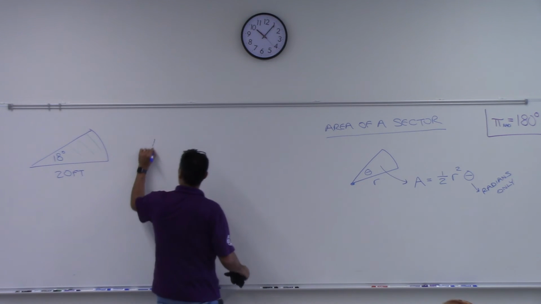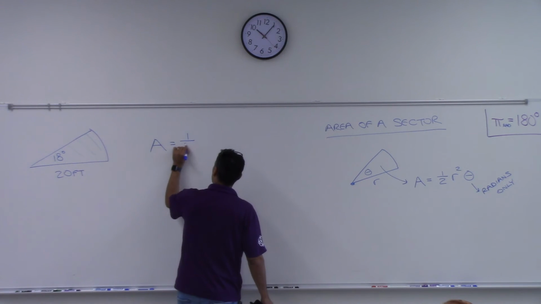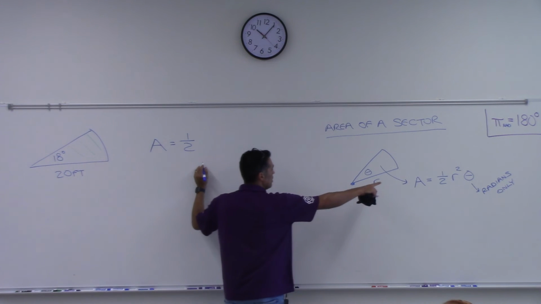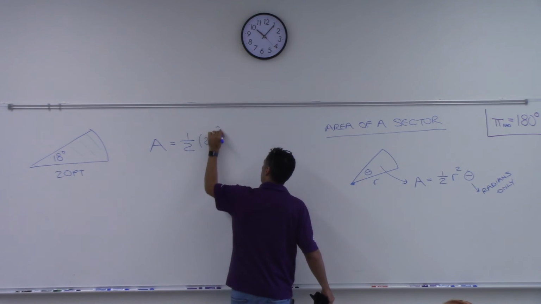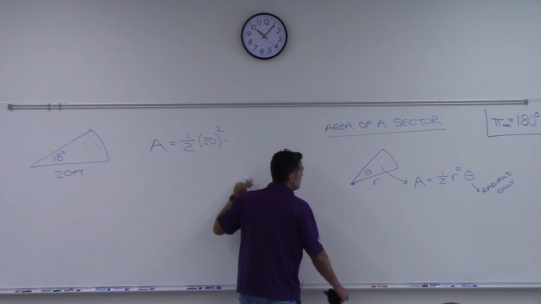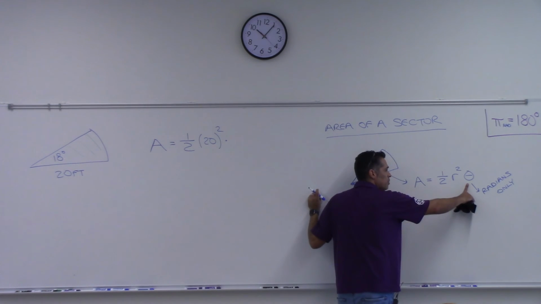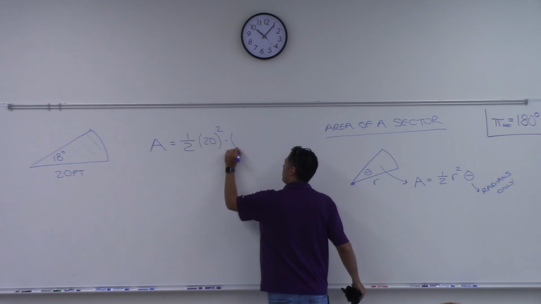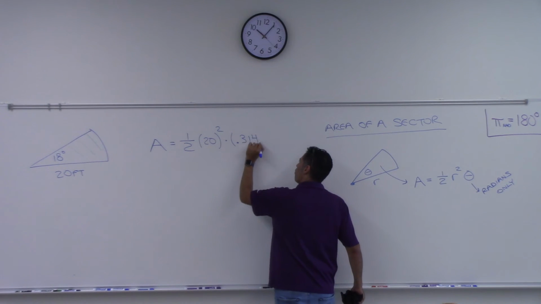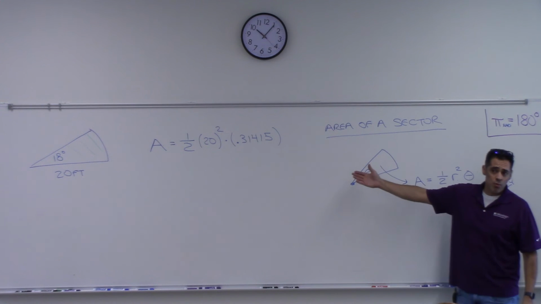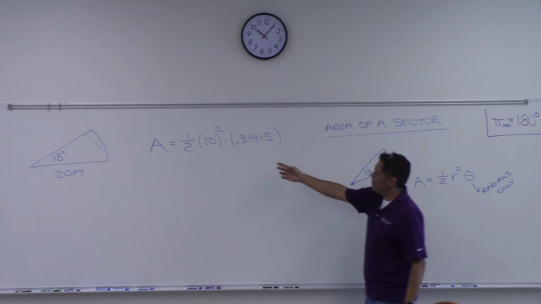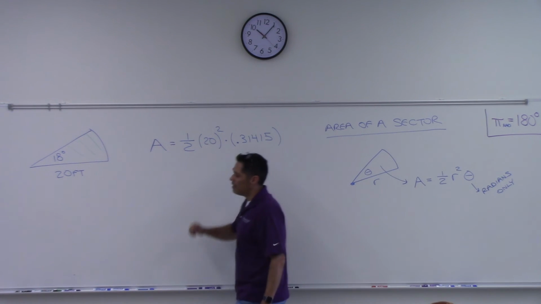According to that, the area is 1/2 radius. Do we know the radius? 20, right? And then squared, and then times the angle in radians, which we already did, right? It was 0.31415. So order of operations, square your 20 first, that gives you 400, divide that by 2.